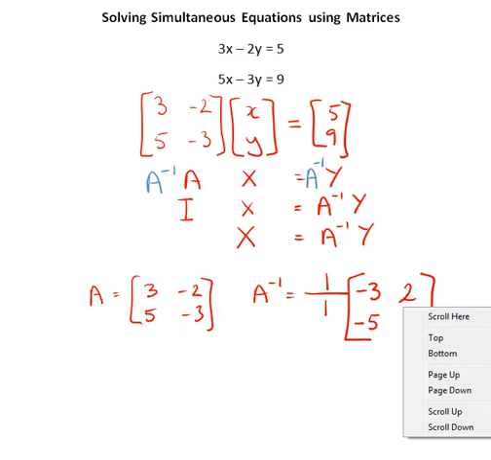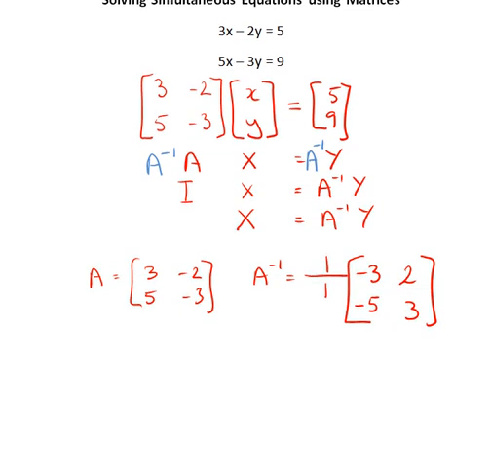Our next task is to work out what X is, simply by saying matrix X equals -3, 2, -5, 3, multiplied by 5, 9.